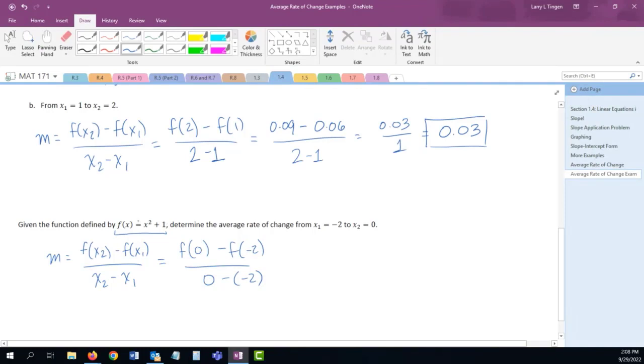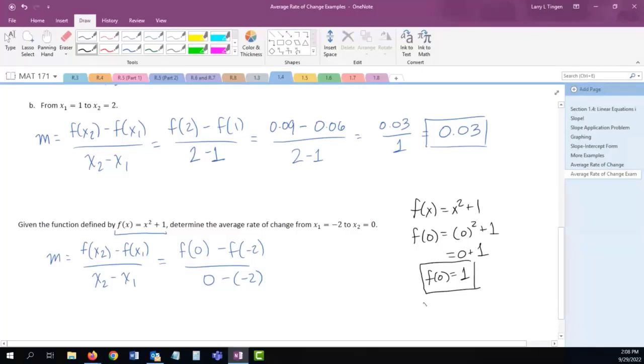Now I don't have a graph this time, but I do have a function. So if f of x is x squared plus 1, then f at 0 is 0 squared plus 1, which is 0 plus 1, which is 1.